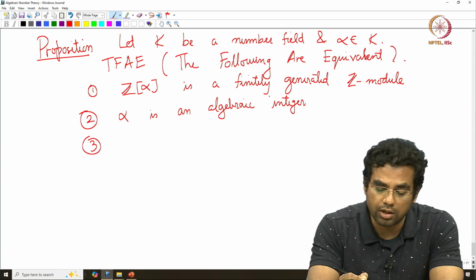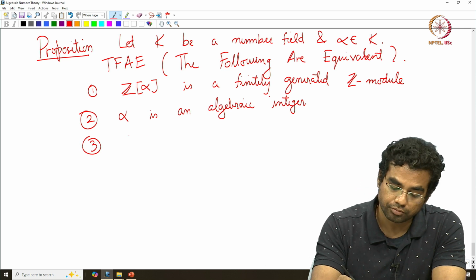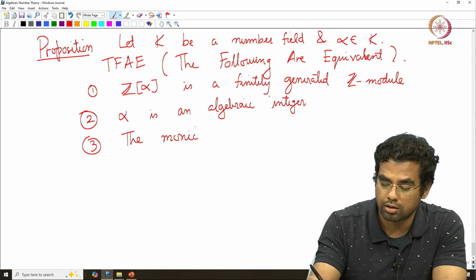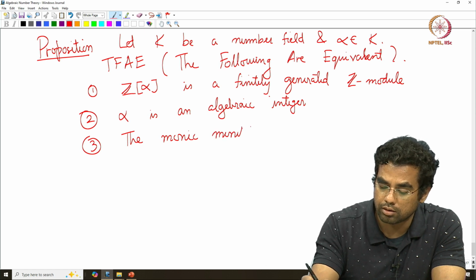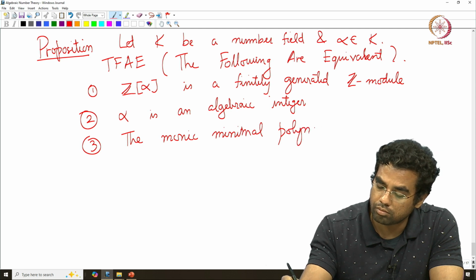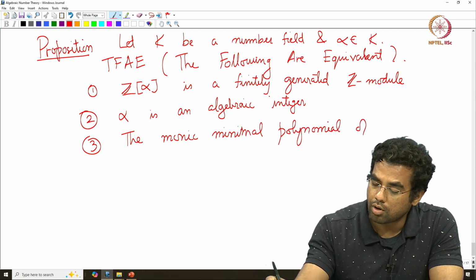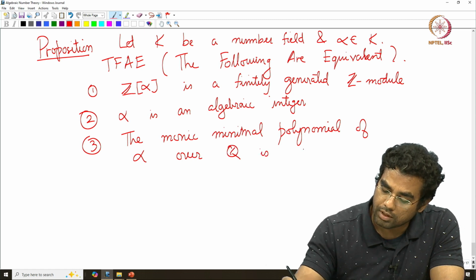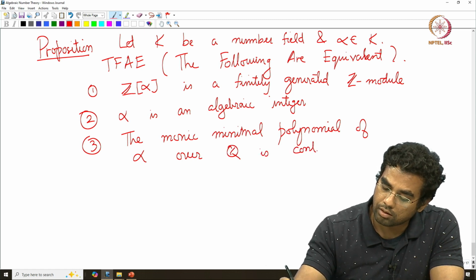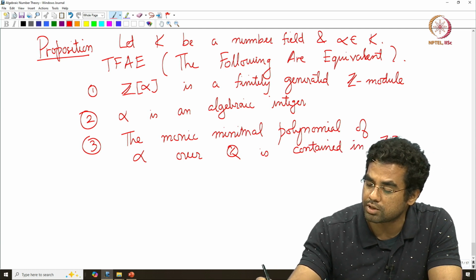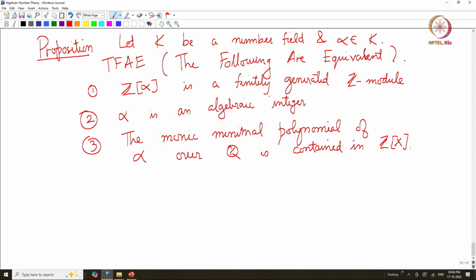This statement in turn is equivalent to saying that the monic minimal polynomial of alpha over rational numbers is actually contained in Z[x], so it has coefficients in Z. So, you take the monic minimal polynomial.